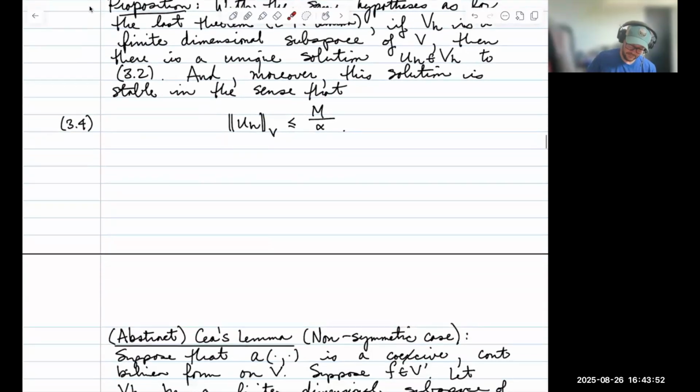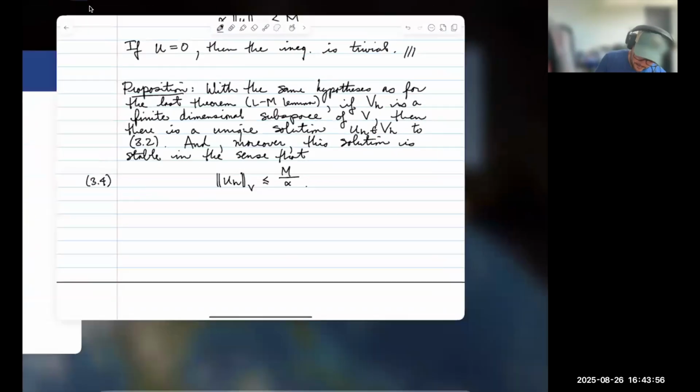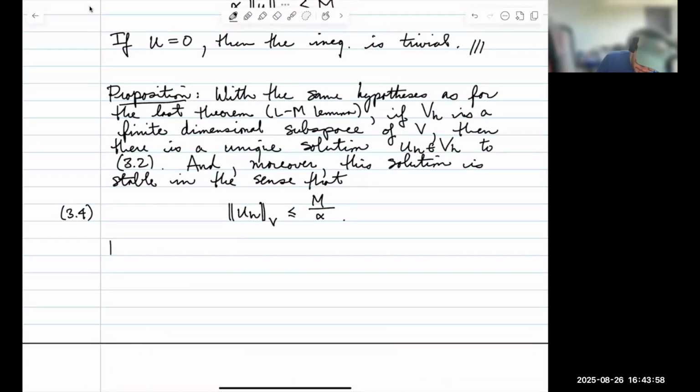Let's see, do I have a proof for this? No, no proof. So this proof is going to be an exercise in the homework. But what are the details of the proof?